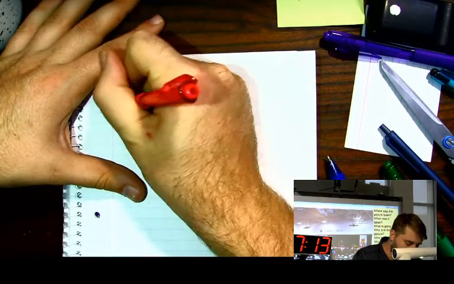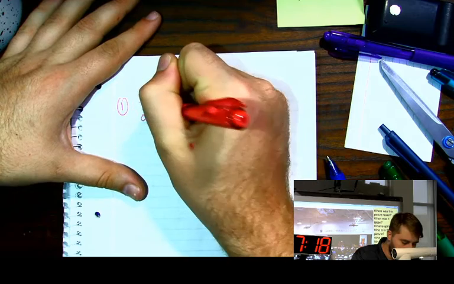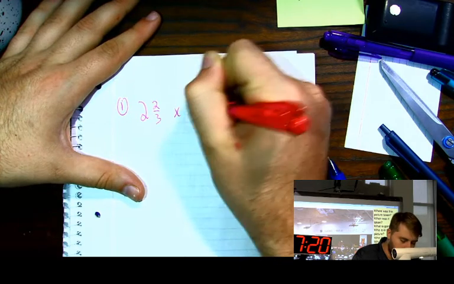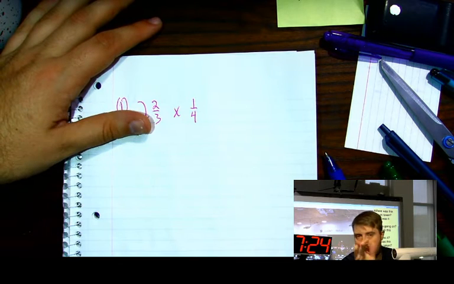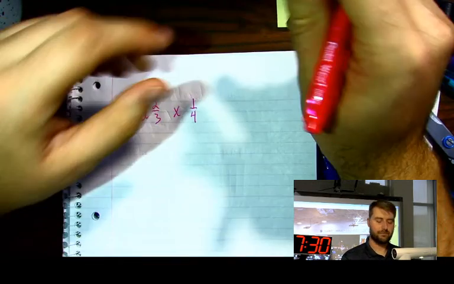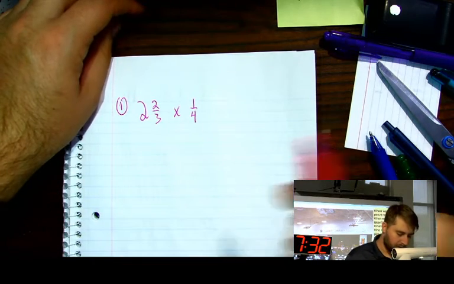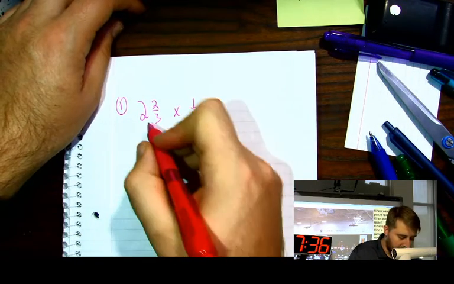All right, our first problem is 2 2/3 times 1/4. All right, I'm going to pause here for just a moment. You don't have to pause the video. I'm going to give us a little bit of time to think about our steps that we do first. Awesome. So our first step, I know we have to convert this mixed number to an improper fraction.